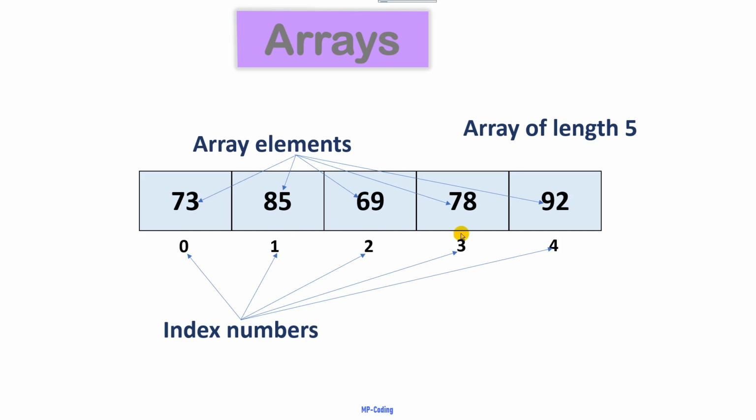This is how array elements are stored, and each element is associated with an index number. That index number starts at 0. So the first element is associated with index number 0, the second with index number 1, and the third with index number 2, like that.